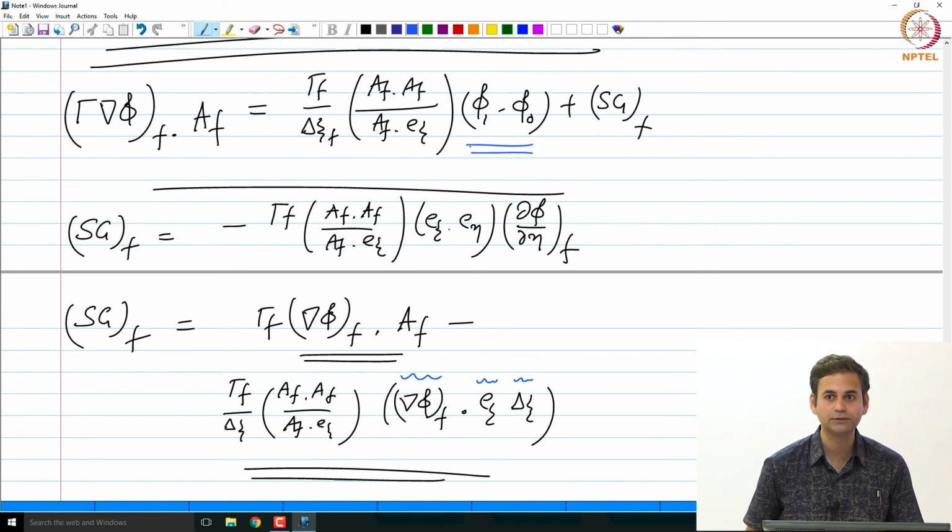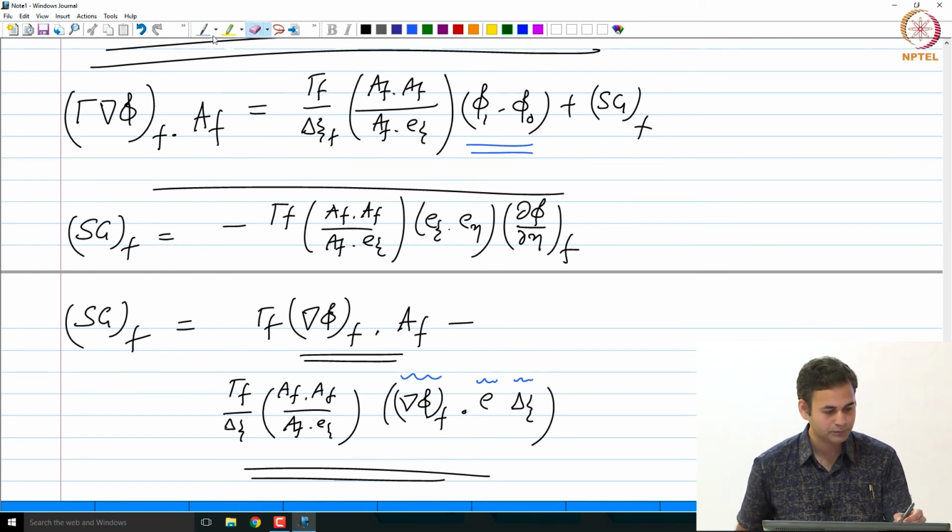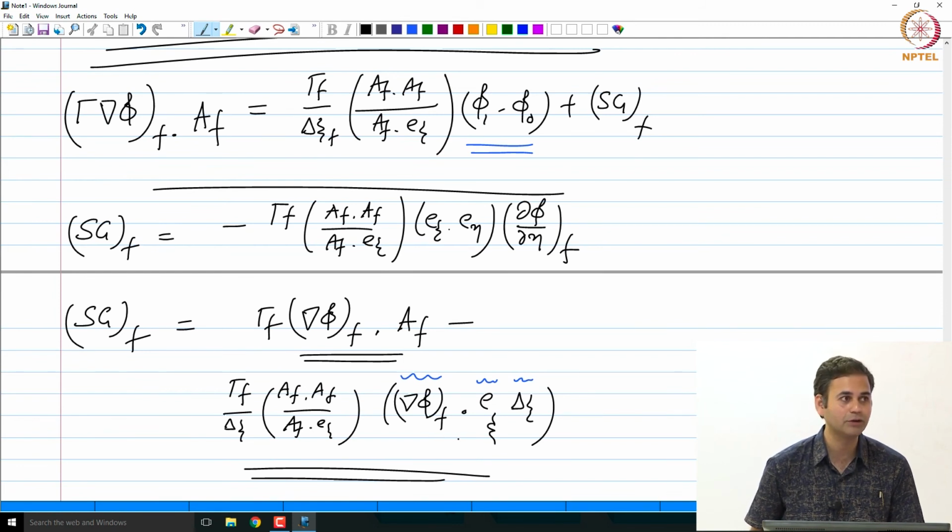Do you see that? I have replaced phi 1 minus phi 0 with grad phi f dot xi. Basically, this would give me the gradient in the direction of xi, that is the primary gradient, times delta xi. That will basically give me phi 1 minus phi 0.